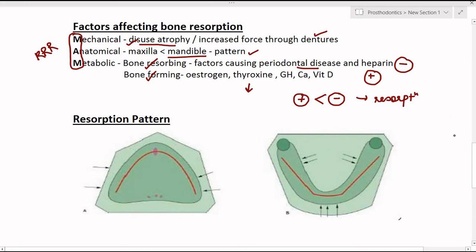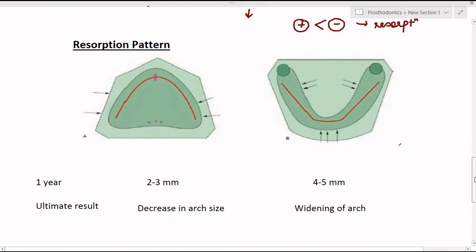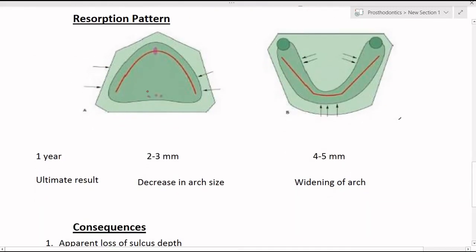Next thing, we come to the resorption patterns. Now this is maxilla and this is mandible. Here you can see that resorption in maxilla is going to occur like this and this, so labially and buccally, in the directions of the arrows marked.